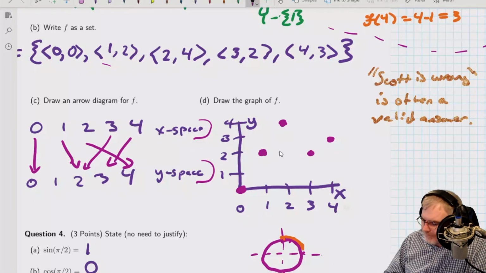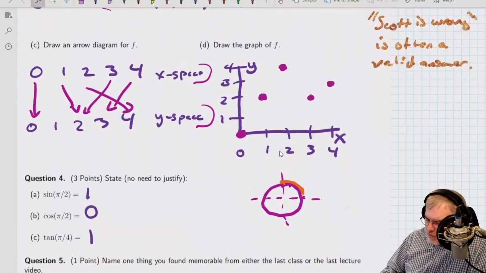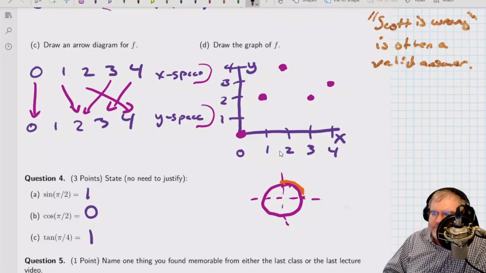Okay. State, no need to justify. The northiness associated with pi over 2 is 1. Everybody good on that? The eastiness associated with pi over 2 is 0. The tangent of pi over 4 is 1. How do we feel about those three little values, 1 to 5?